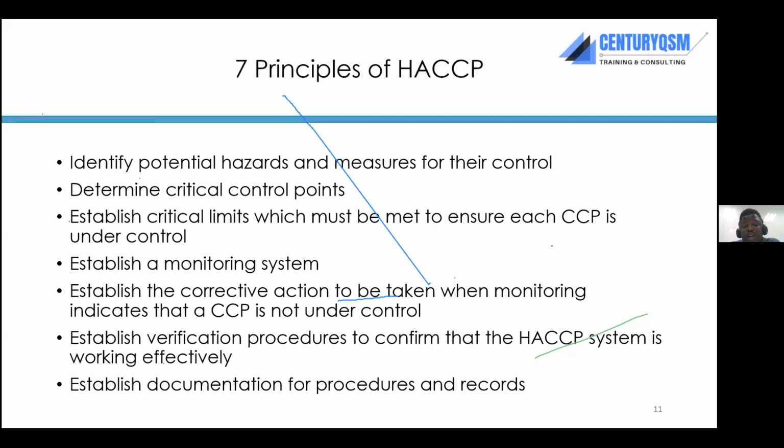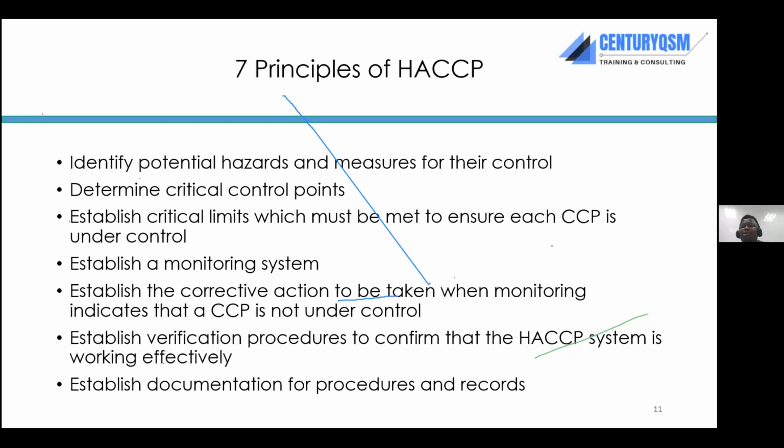You've put in a control, you've put a monitoring system in place, of course you have to put a corrective action to take when your monitoring system has failed. You understand? So let us move to point one, which is the first point in the HACCP principle: determine critical control points.